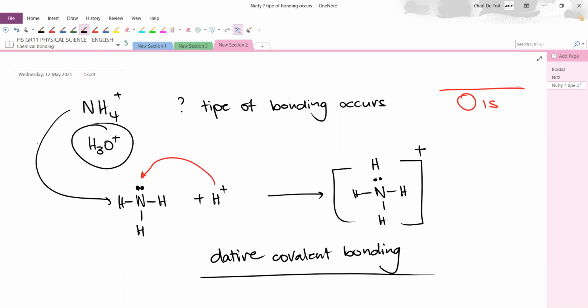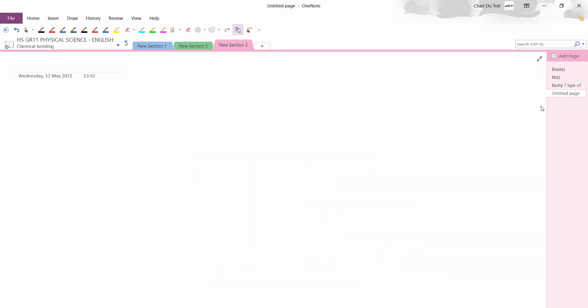Right. Okay, cool. A question for you, just quick to check if you've learned what we've done. I have hydrogen fluoride, and I have hydrogen iodide. This is a tricky one.